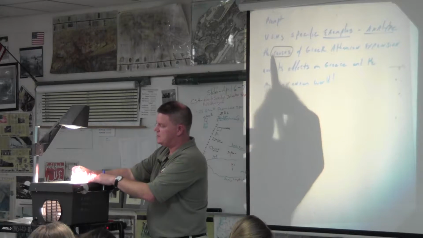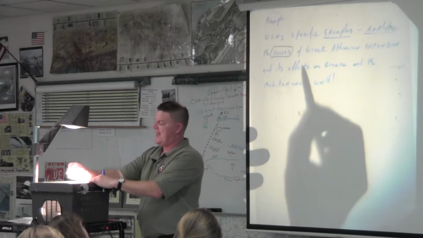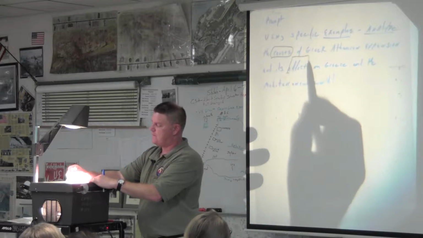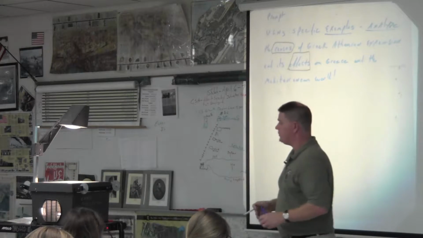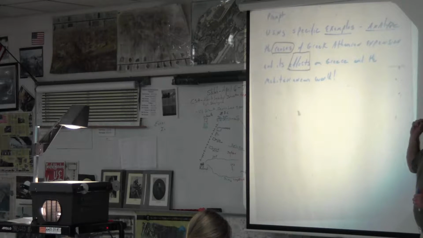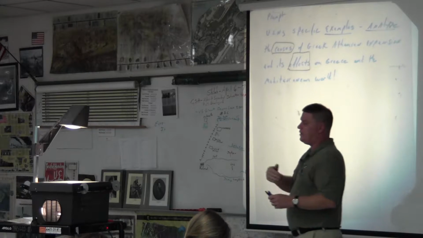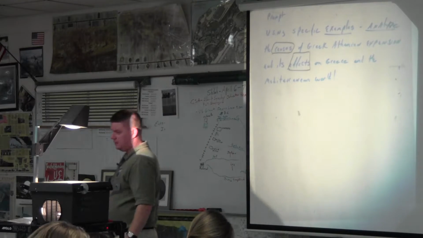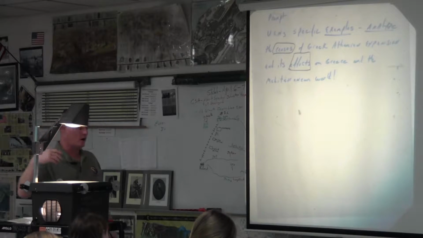That's what I need to know of Greek Athenian expansion and its effects on Greece and the Mediterranean world. So my body paragraphs have got to be about the causes and the effects of Athenian expansion. That's what I need to know.